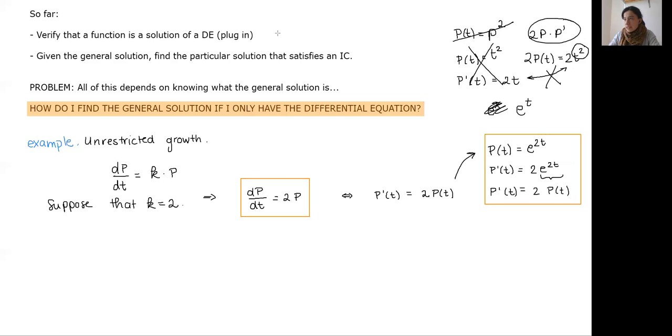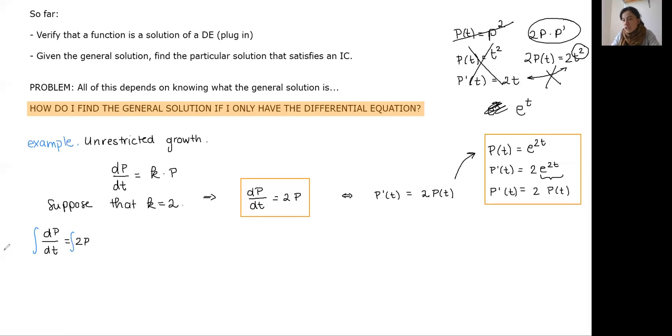We're going to start by writing down the equation. So that's dp over dt is equal to 2 times p. And maybe the first reflex that we would have in a problem like this, if we want to find the original function, is to try to integrate both sides.